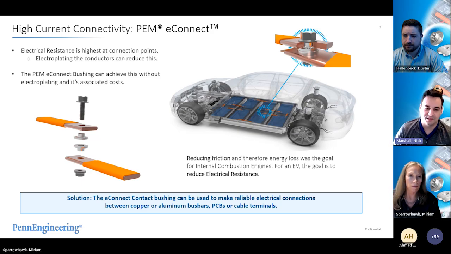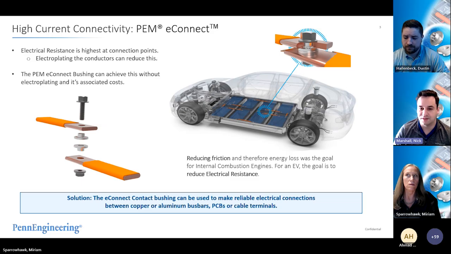Each of these changes is creating a new challenge for vehicle design. We're having to push more and more of this current through the systems that have already been designed. And as the EVs are evolving from first generation to the next generation of vehicles, people are looking for more efficient ways to do this.